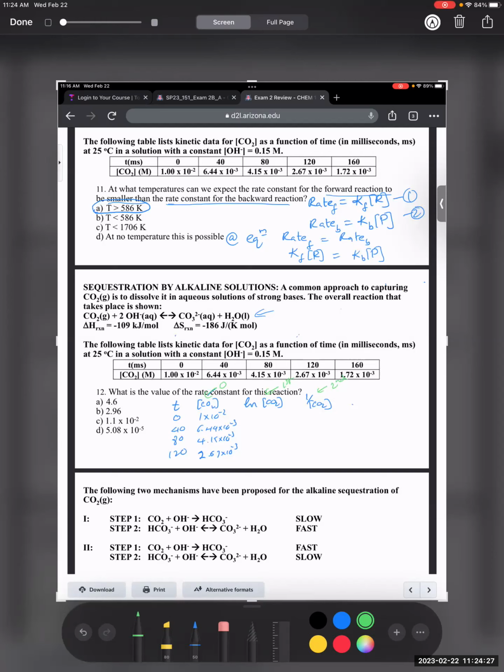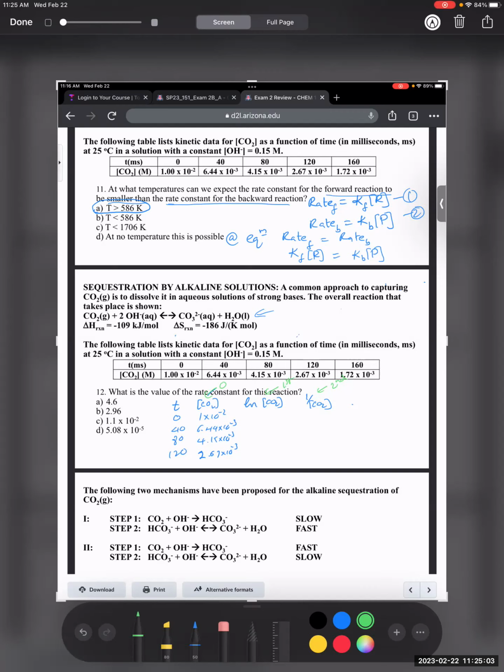Now I'm going to do this on Excel because that's what I have. I have time and CO2 concentration, and then I have 0, 40, 80, and 120. For CO2 concentrations, we have 1 times 10 to the power of minus 2.